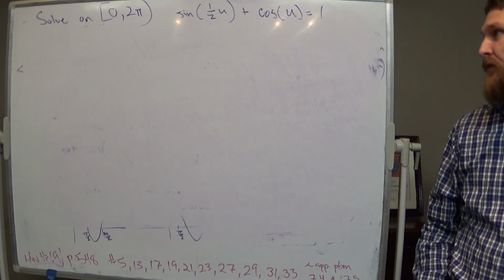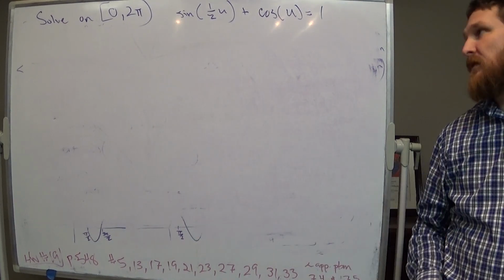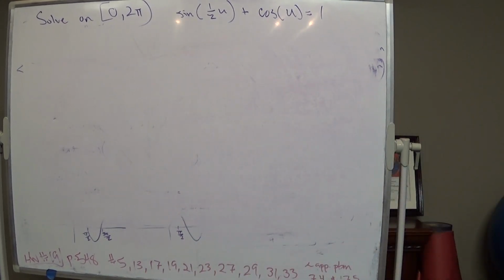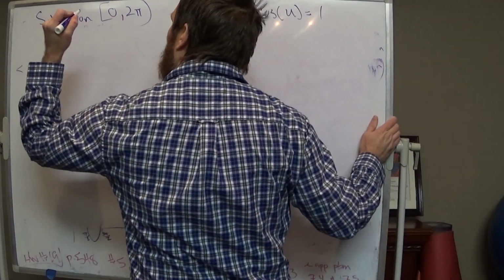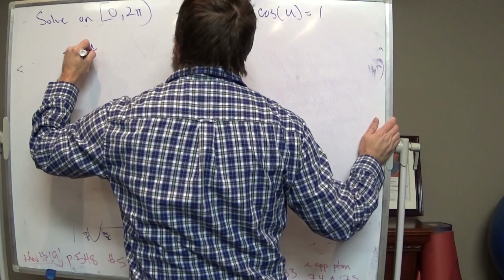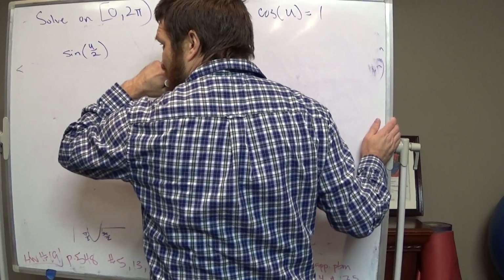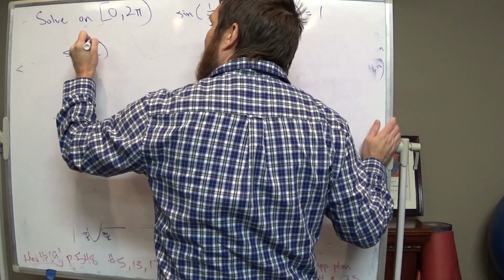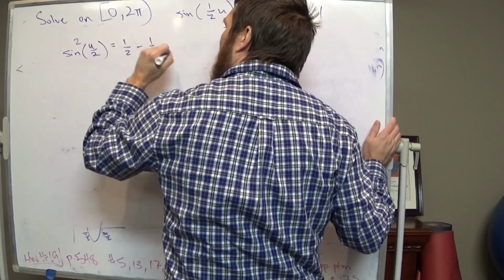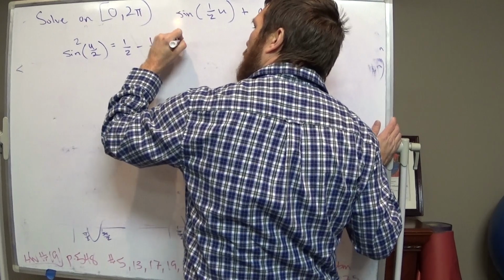So that's u over 2, which you could then use, let's just do it real quick. So we know that sine u over 2, well, sine squared is 1/2 minus 1/2 cosine u, right?